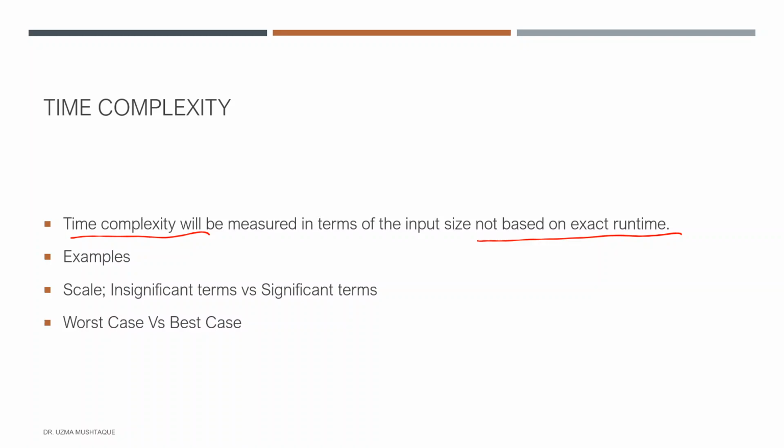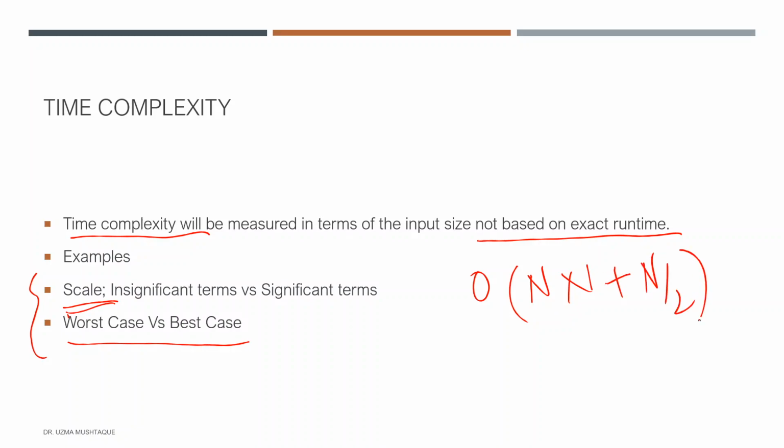So let's look at examples. Also, remember there are two important aspects of time complexity. Always remember the scale of time complexity and worst case versus best case. Scale means when we arrive at the order in terms of n, or n times something, or n plus 1, or n plus 2 and so on, we have to figure out, of all these terms, when I'm trying to find the complexity in terms of the size of the input, which terms are significant versus which ones we can discard.